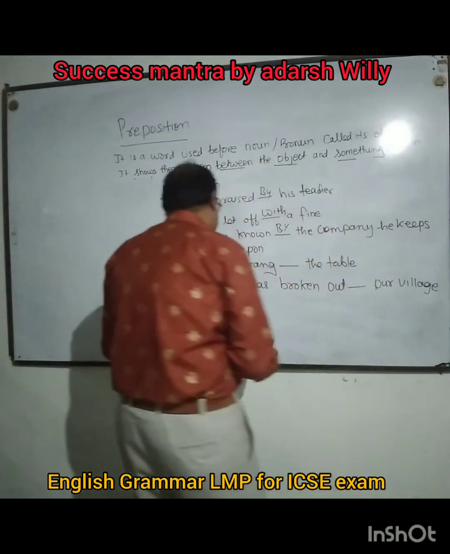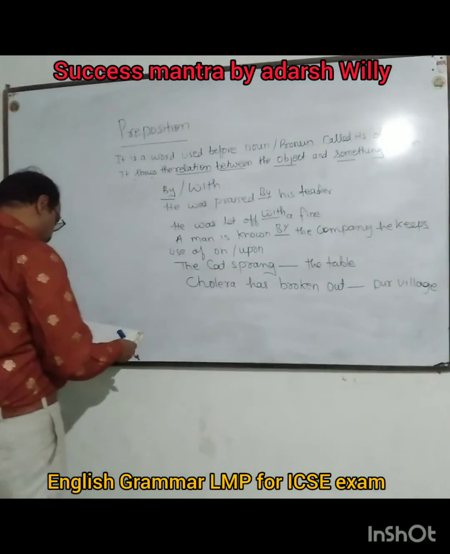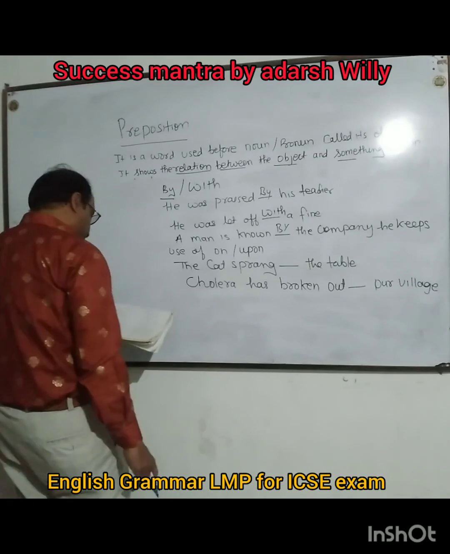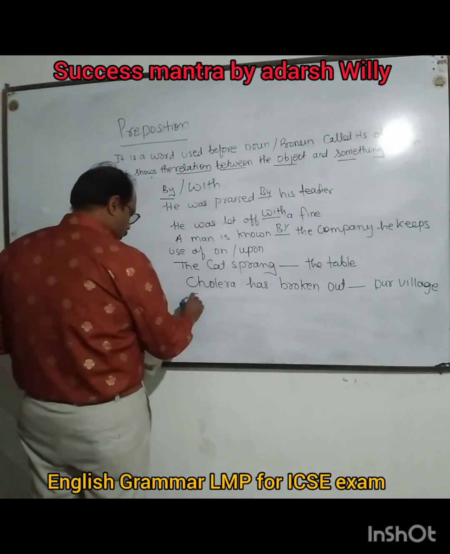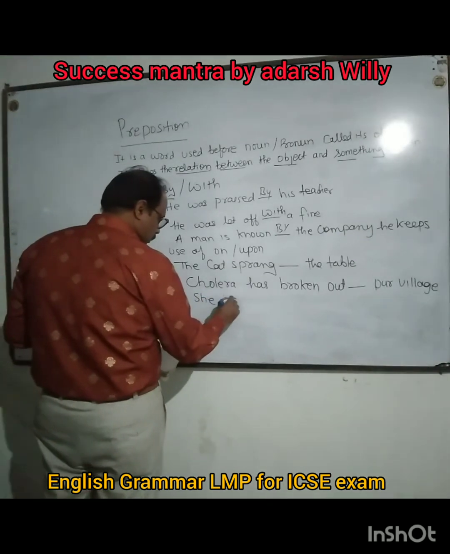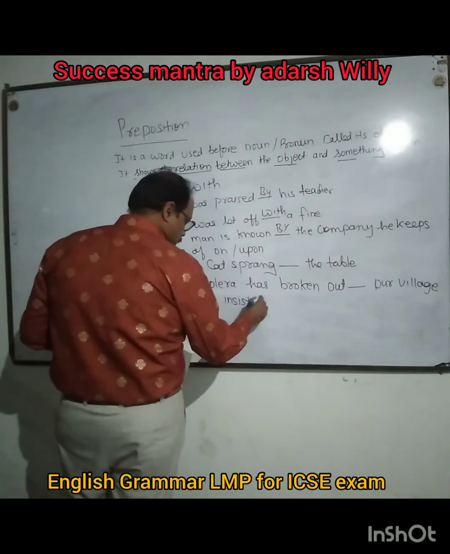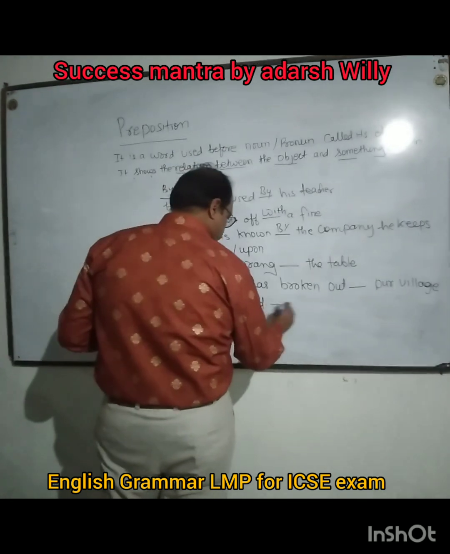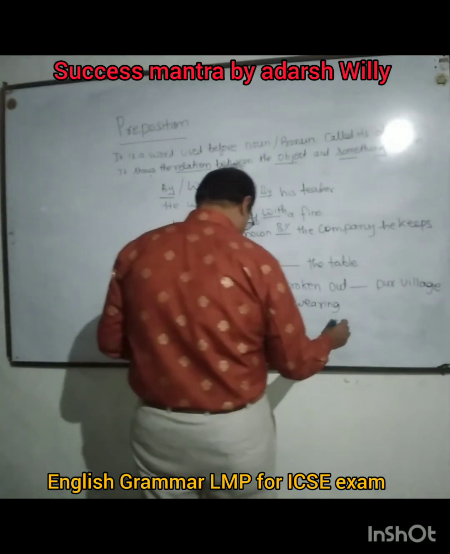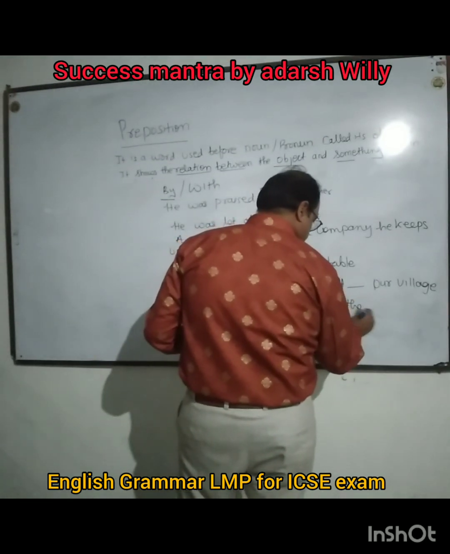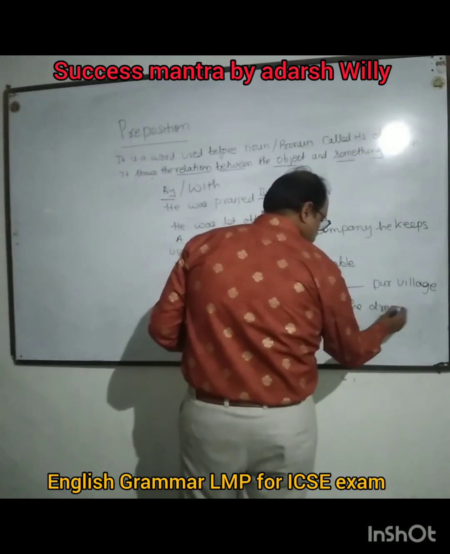Okay. Now you see over here which one should come over here, and let me write one more, and then you can tell me the answer. She insisted that wearing the dress. Okay.